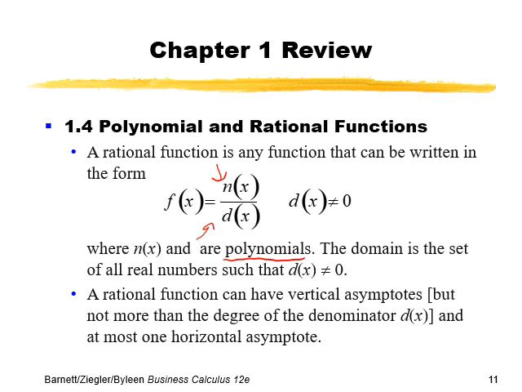The domain is all real numbers such that the denominator is not equal to 0. This is really important. Some rational functions have vertical asymptotes, and in 1.4 there are ways to find that vertical asymptote.